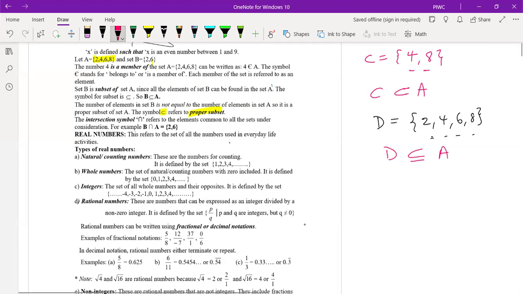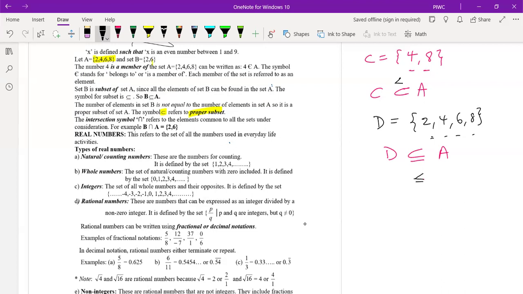So sometimes the way I look at this is in terms of less than or greater than or equal to symbols. If you think about it, it also helps. So think about the proper subset as like a less than symbol, right? So we say that the number of elements in C is less than the number of elements in A. Okay, that's what this means. Now this one will represent something like less than or equal to, right?